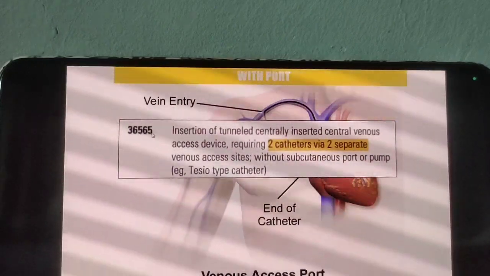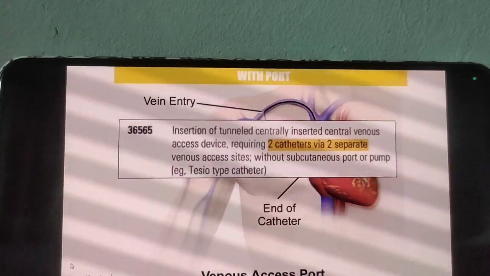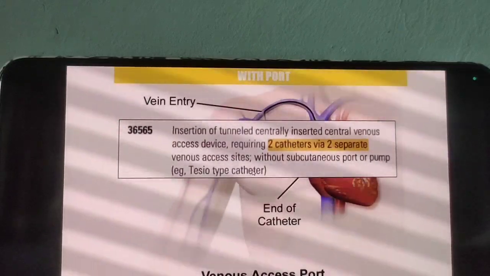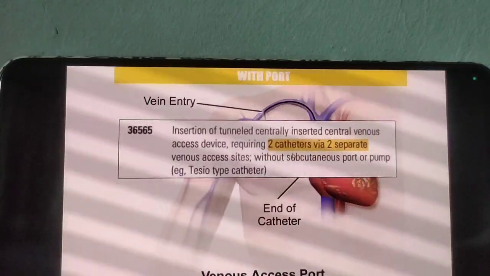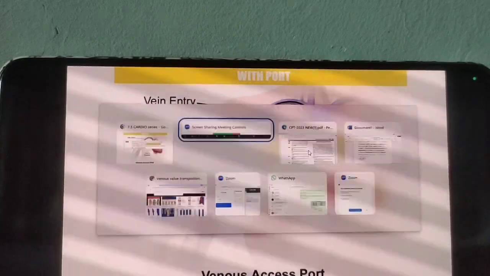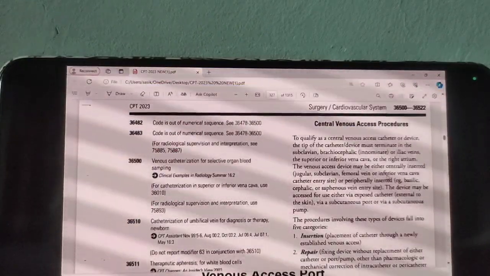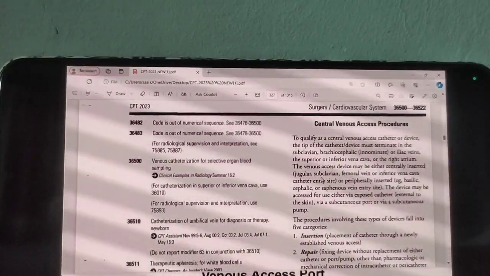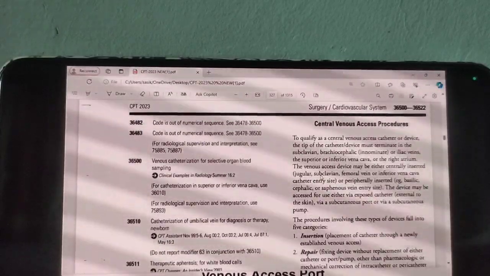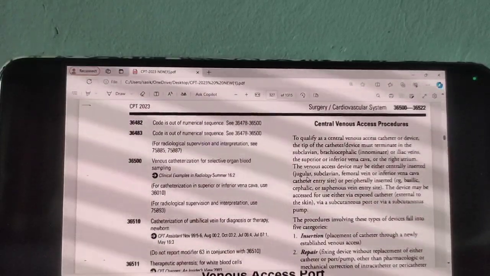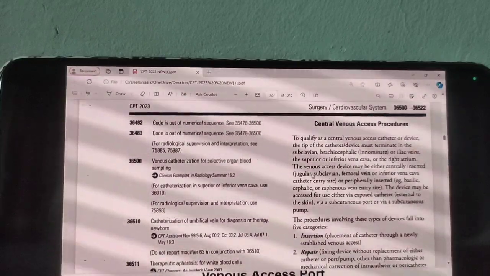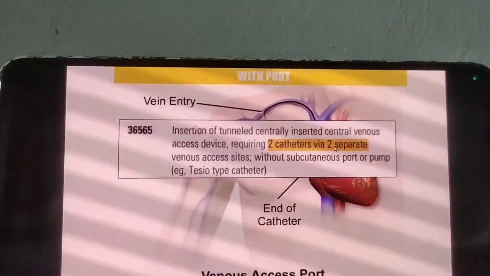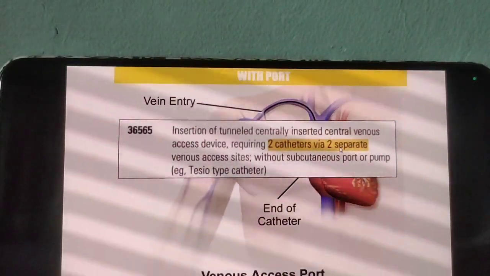Then 36565 is for insertion of a CICC catheter via two separate access sites. So two catheters are inserted via two separate accesses. These are the entry sites of CICC, am I right? One catheter is inserted through the jugular, and another catheter is inserted through the subclavian. So two catheters are inserted via two separate access sites.